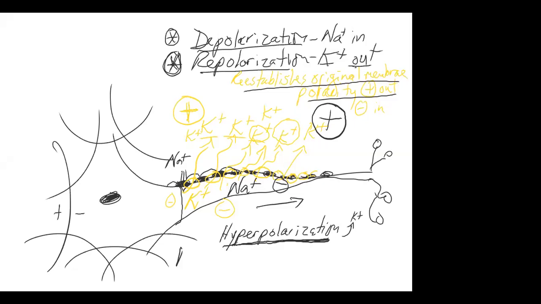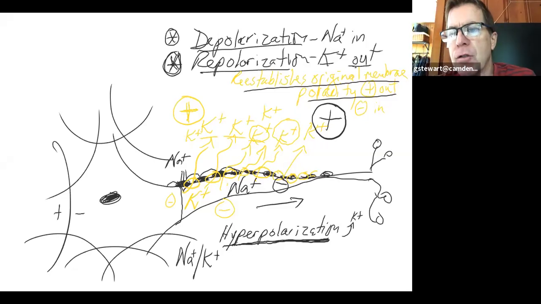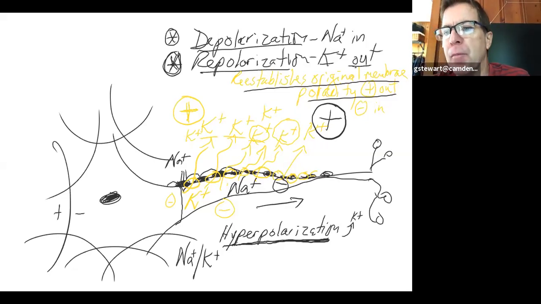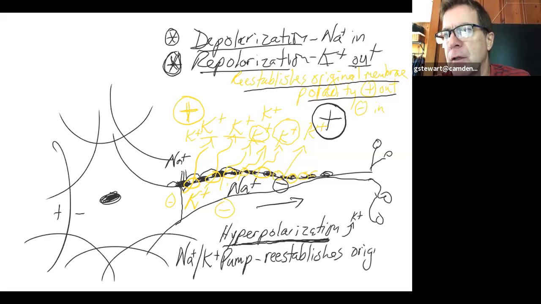So at the very end of this story, it's that ATP-driven pump, the sodium-potassium pump, that reestablishes the original ion concentration, and it takes time to do this, especially compared to the first activities.